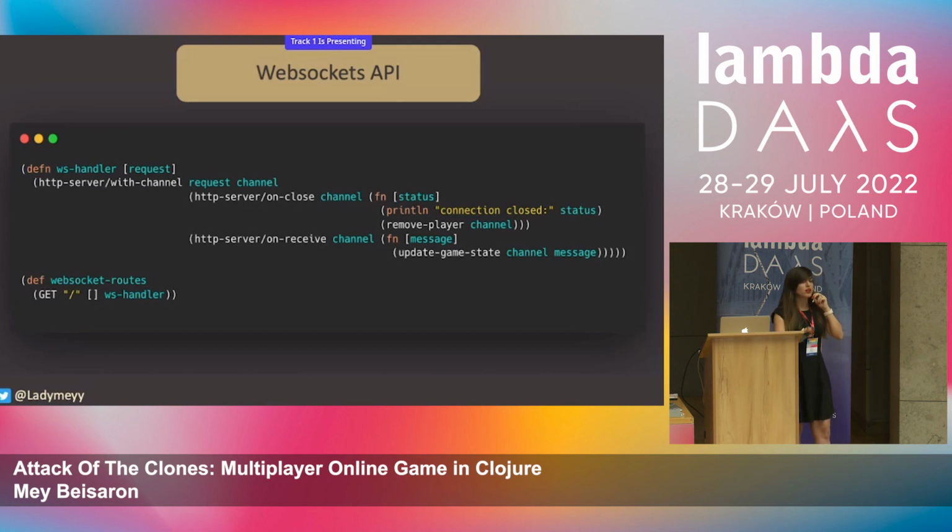And then afterwards, it connects between the client and the server. And what you can see is that it is event-based. So on close, it removes the player from the players map, and then on receive, which means when I get a message, it just updates the game state, which is the function that we saw a bit earlier.